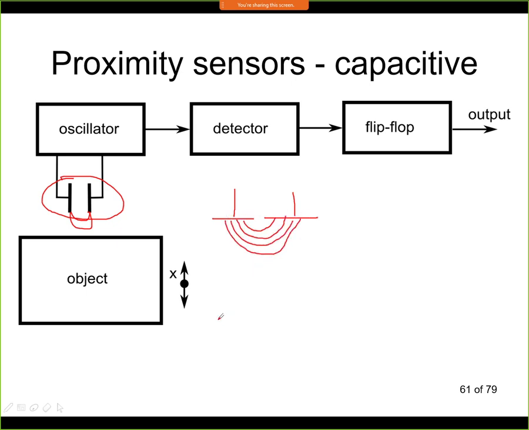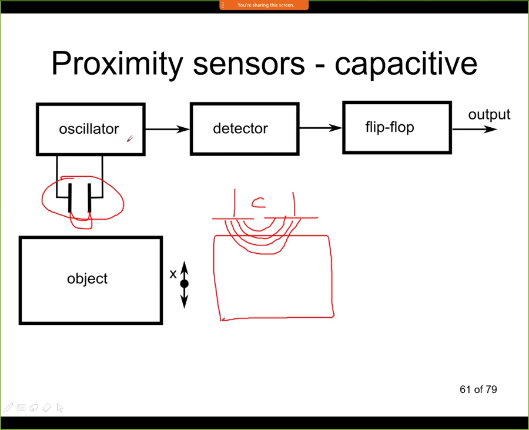When we then approach the object into the detection distance, if this will be my object like that, then I will again distort the electric field in the capacitor, and I will change the properties of this capacitor. So this capacity will basically have a different value.